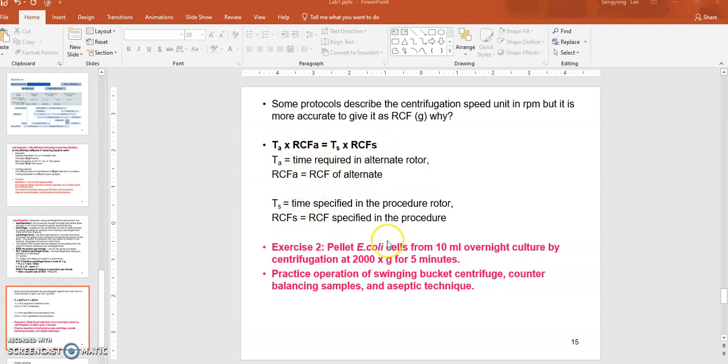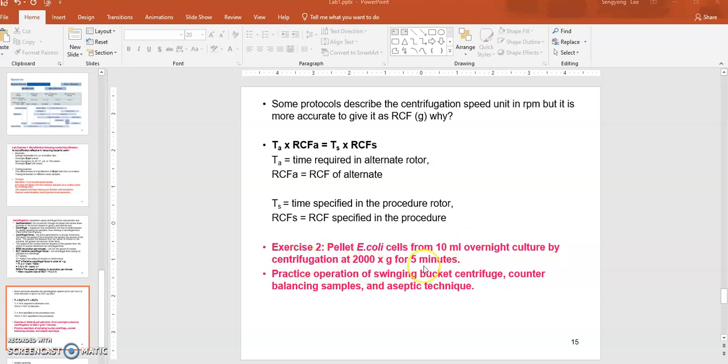So exercise 2 is about practicing your centrifugation. You will be given an E. coli cell overnight culture, and we have a tabletop centrifuge. You will try to pellet down the cells from the cell suspension of E. coli culture by using centrifugation.